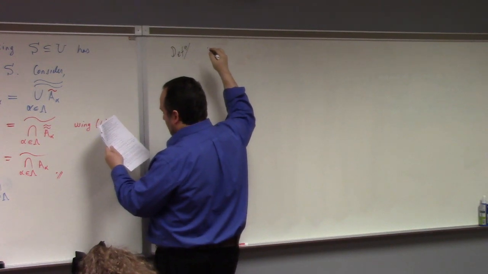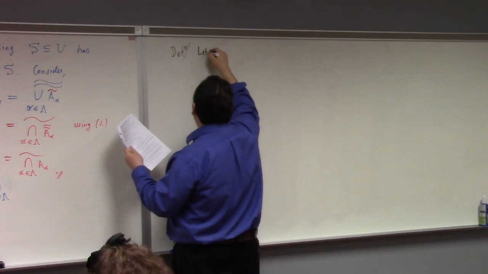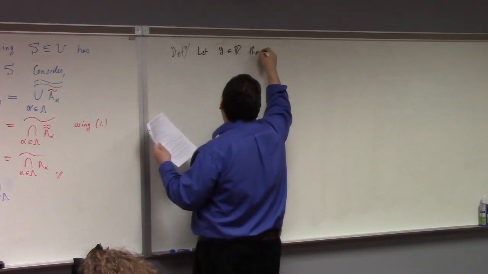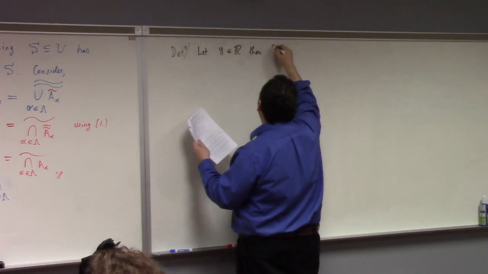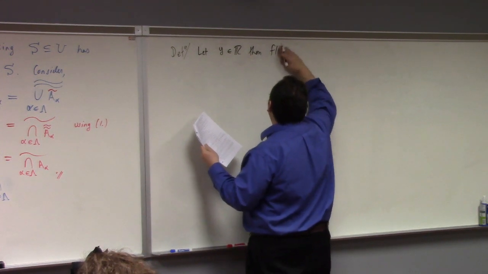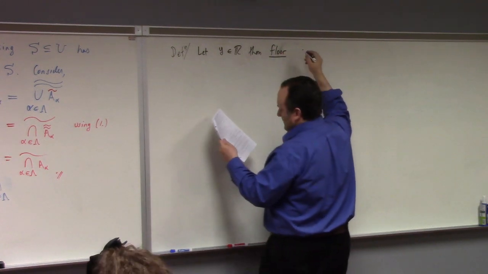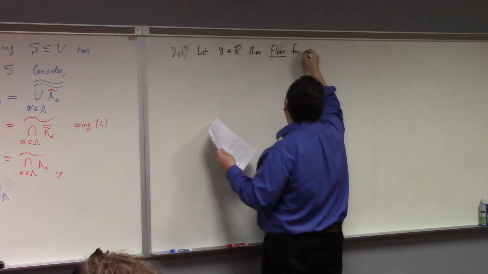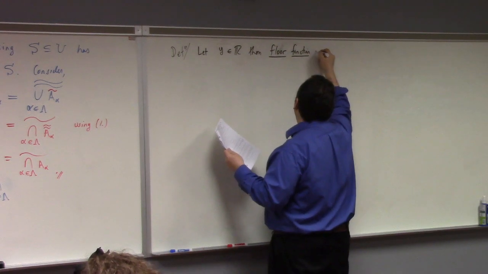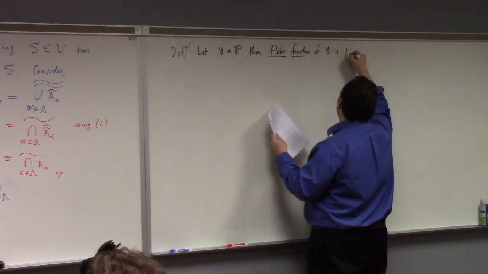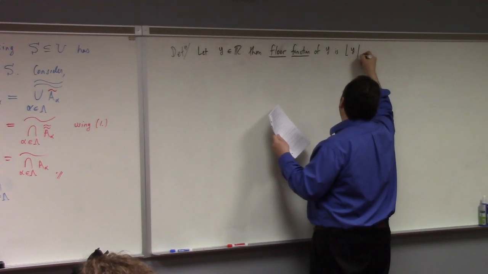And so here it is. The floor, so let y be a real number, then the floor function of y is, so we write it like this, the bracket notation for y.